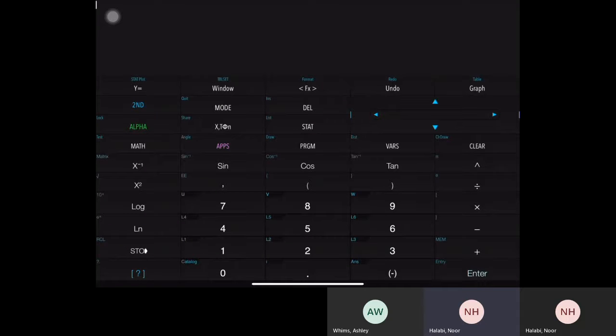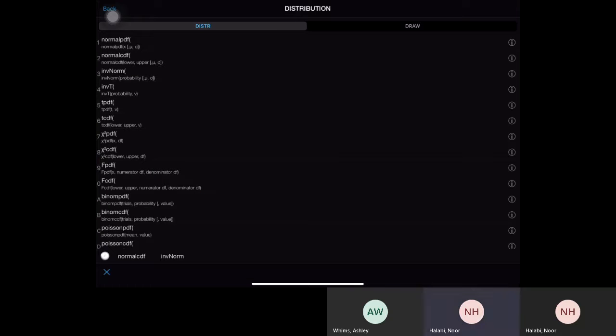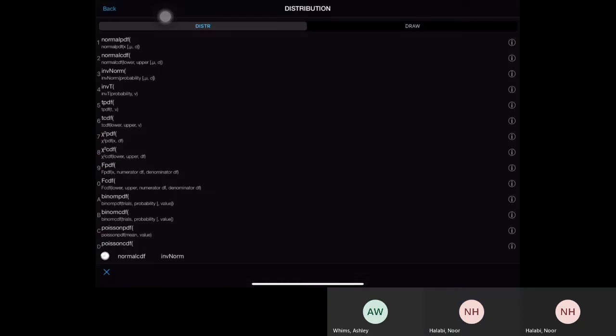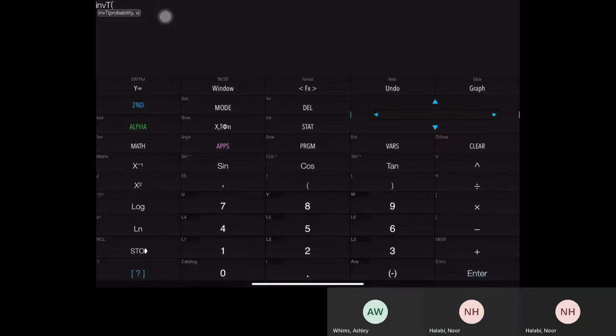We're going to go to the same place, but this time instead of choosing normal PDF or normal CDF, just in case nobody watched the previous videos, we press second and then the bars, the distribution button. The first option is normal PDF. We're not looking at that. We're not looking at a normal CDF either. However, we are looking at the inverse of the norm. So that's the third option.